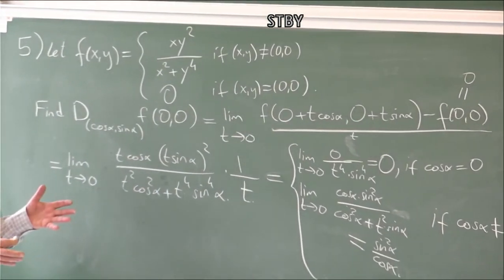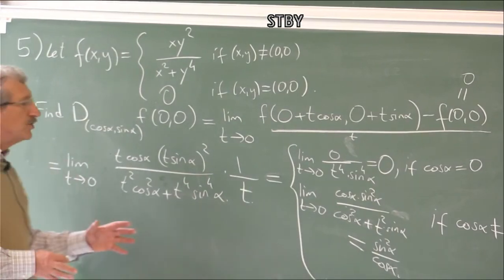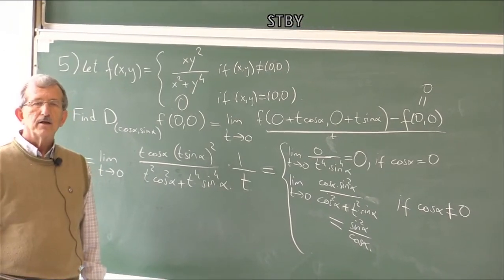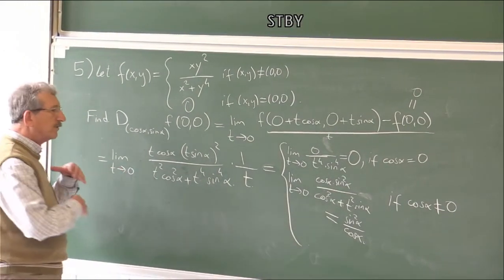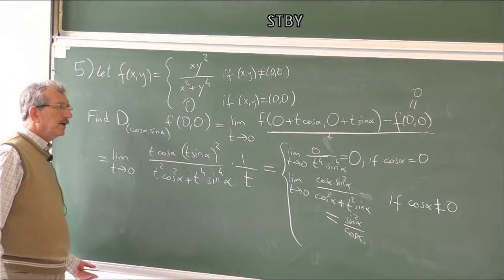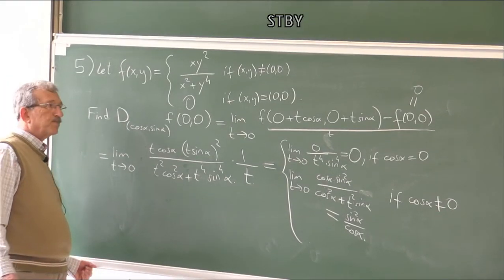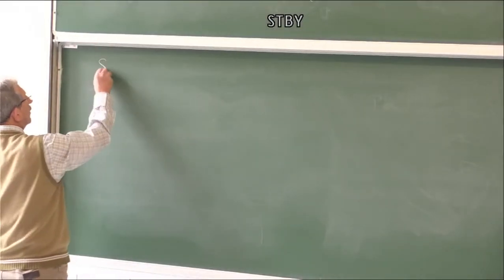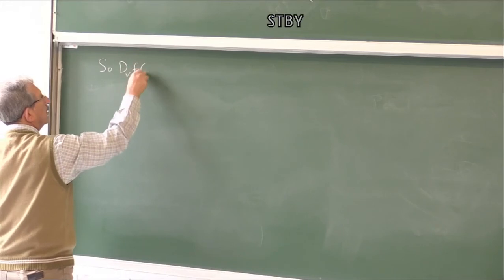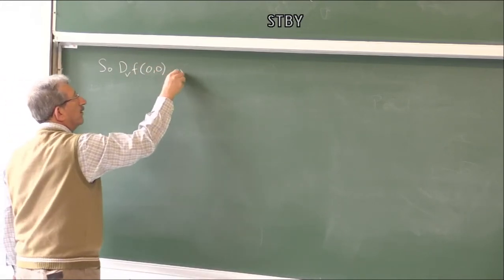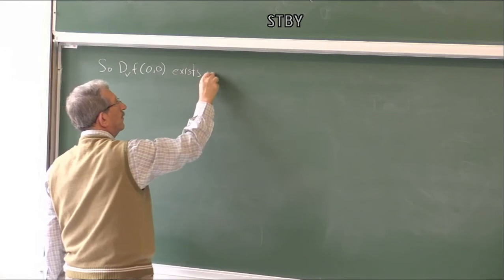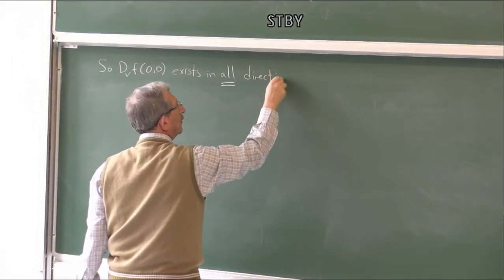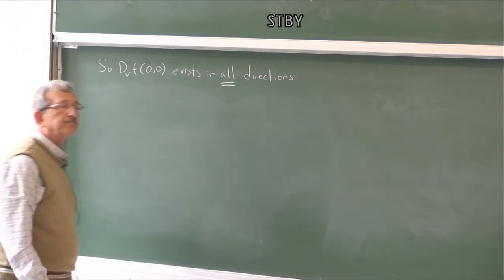Well, this tells us that whatever the direction is, this function has a directional derivative in all directions. Not only partial derivatives, but in all directions, it exists, whatever alpha is.